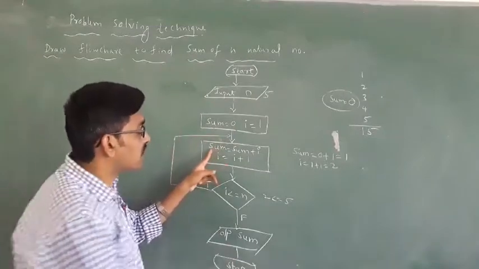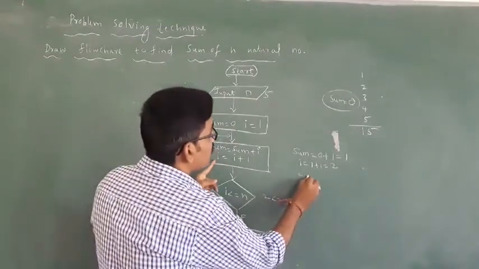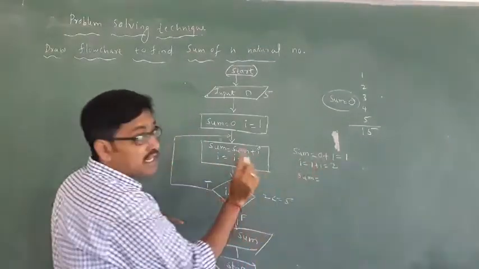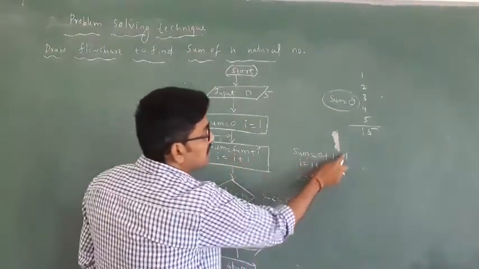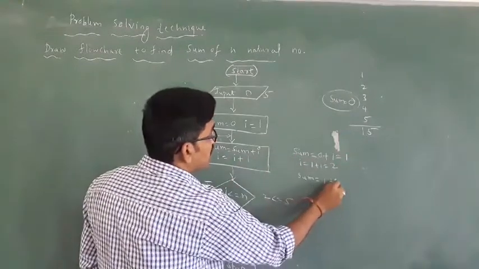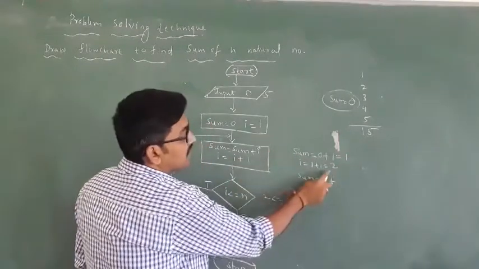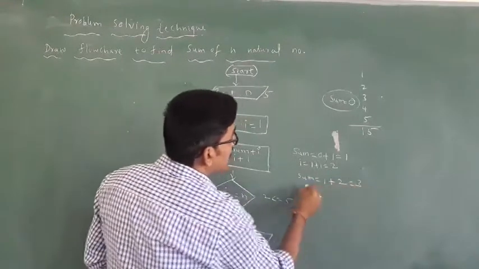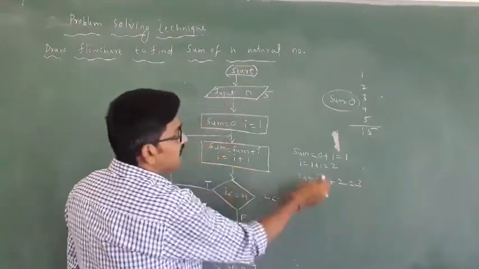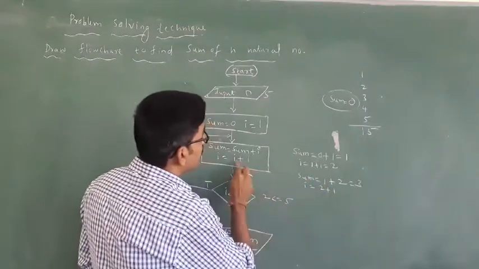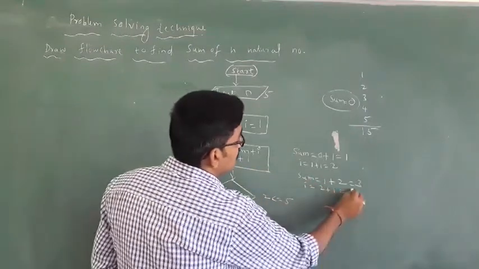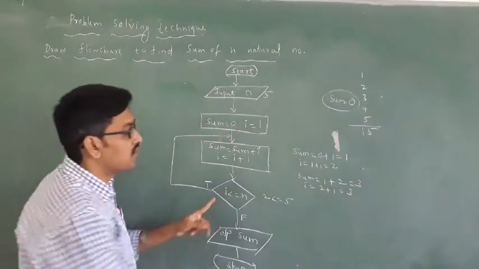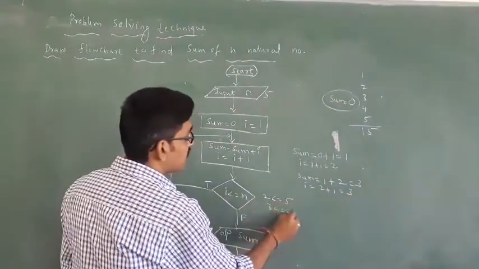Next time, see, sum equal to sum plus I. Sum is not 0 anymore; it is now 1. 1 plus I, which is 2, gives 3. I equal to I plus 1, which is 2 plus 1 equal to 3. Next time, is 3 less than or equal to 5?